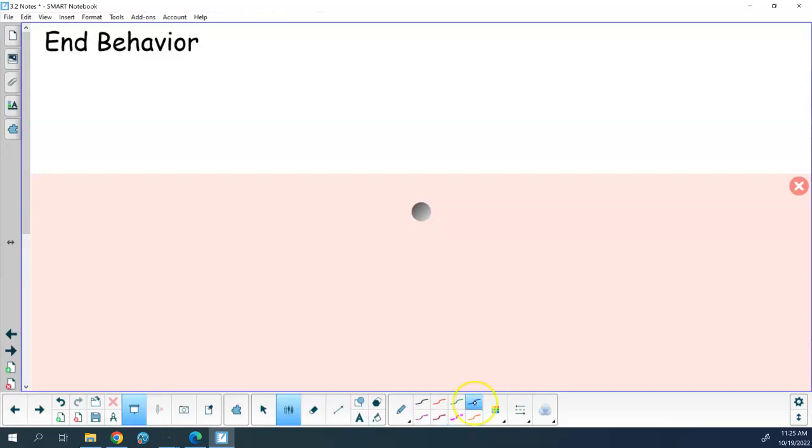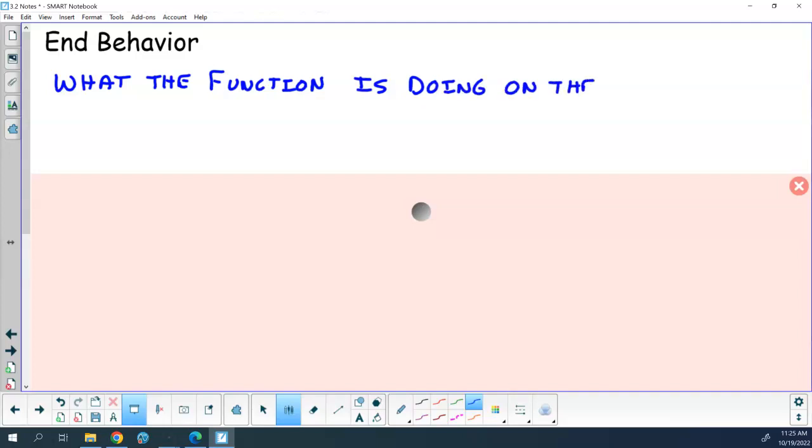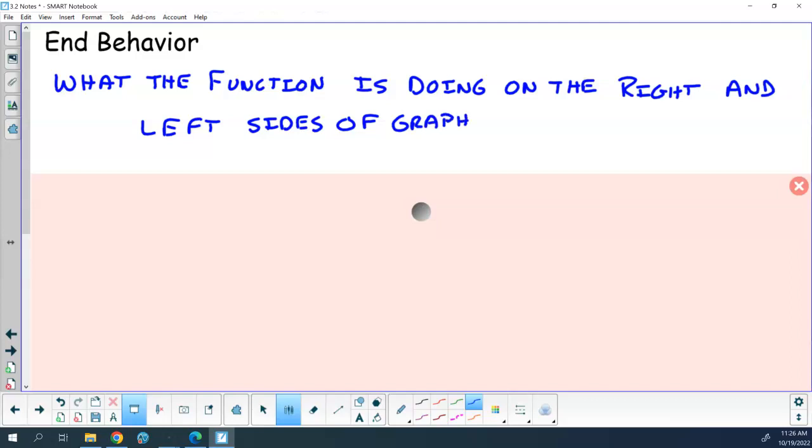The end behavior of a function is what that function is doing on the right and on the left side of the graph.